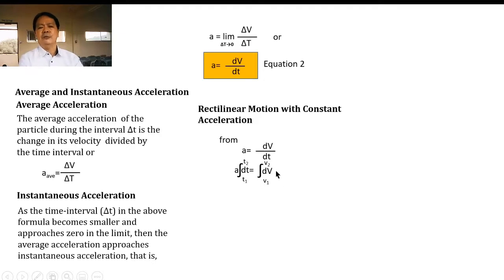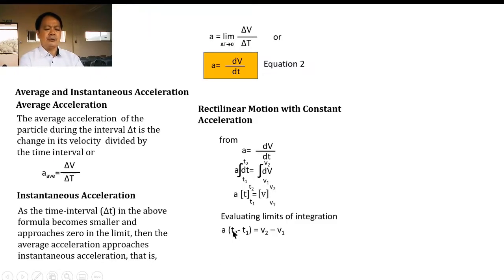Then our equation becomes a multiplied by t evaluated from t1 to t2, equal to v evaluated from v1 to v2. Evaluating the limits of integration, a times the quantity t2 minus t1 equals v sub 2 minus v sub 1.